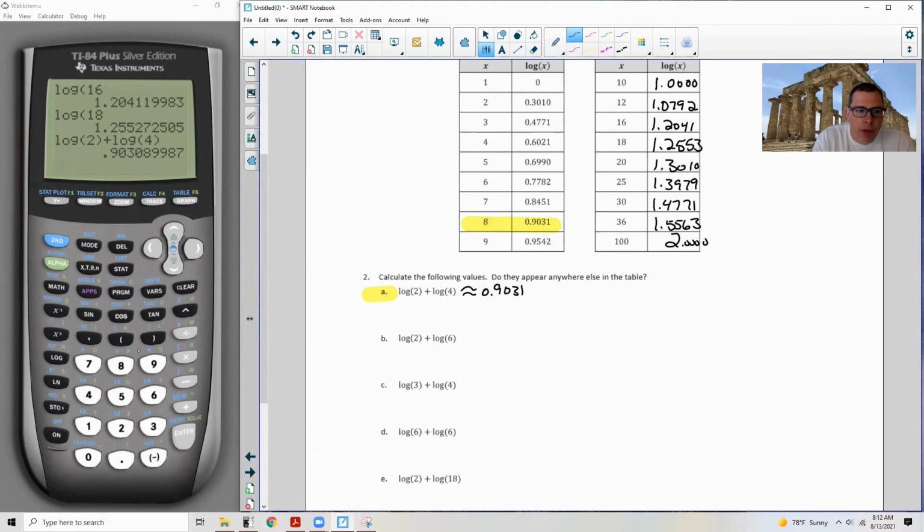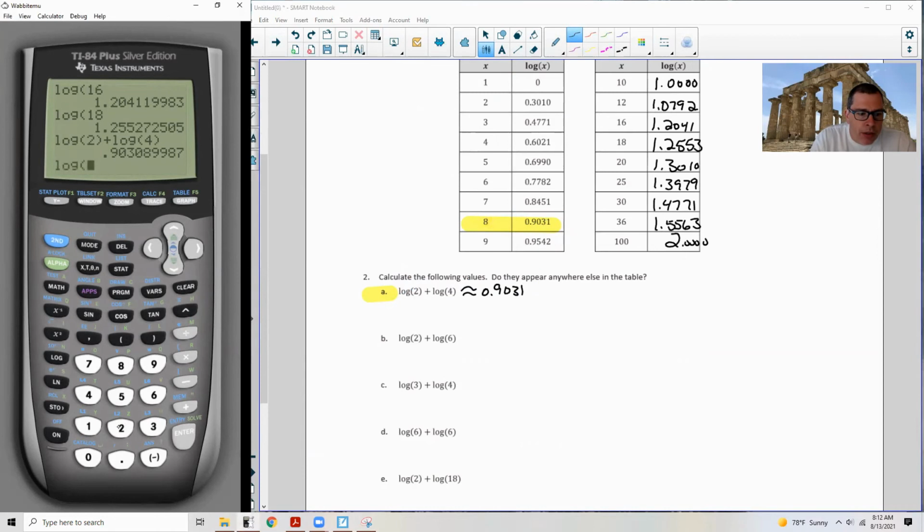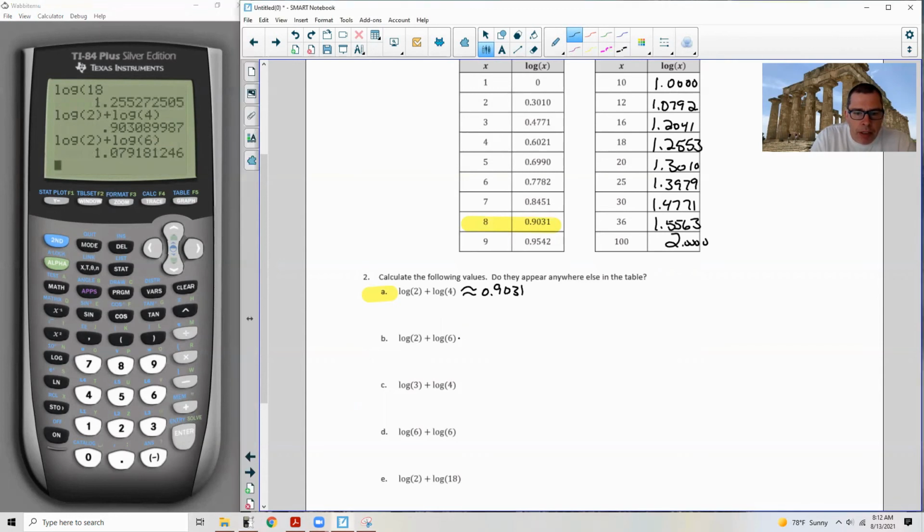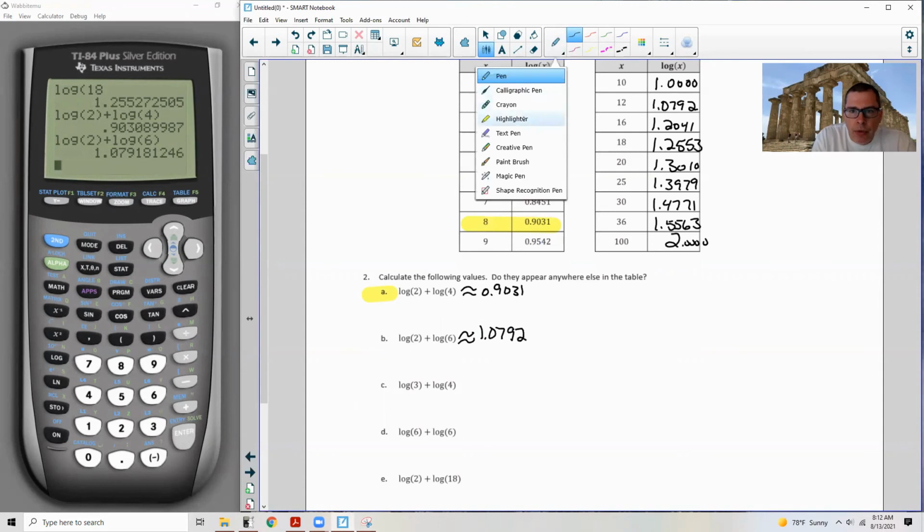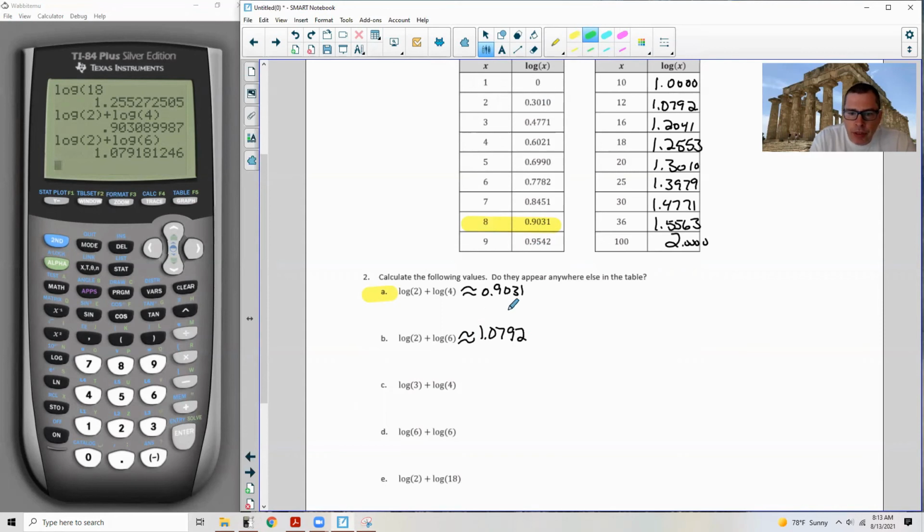Number 2, log 2 plus log 6, enter. And we got an approximation of 1.0792. Okay. Change to green. 1.0792 is right here. So B matches 12.